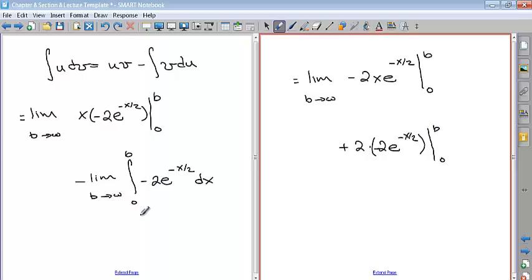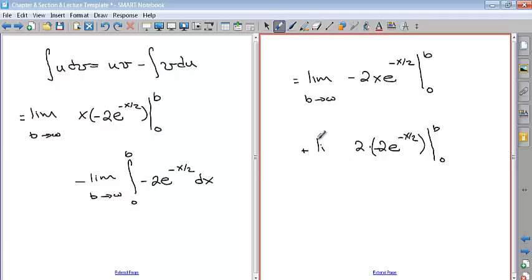So let's recap. Negative times the negative is positive. The 2 comes out. The integral of e to the minus x over 2 is e to the minus x over 2 divided by negative 1/2, which is negative 2. And I need to put the limit in there. Didn't do that.